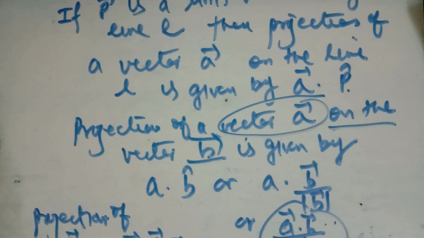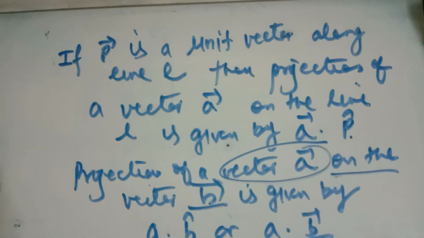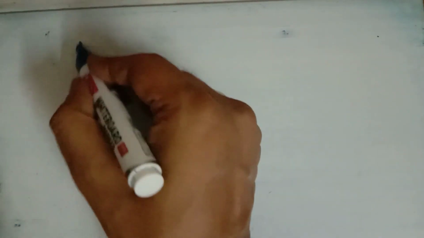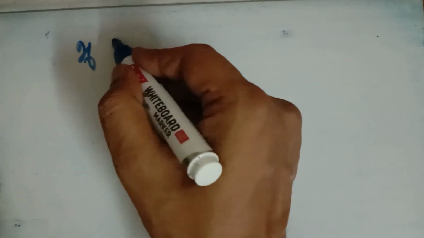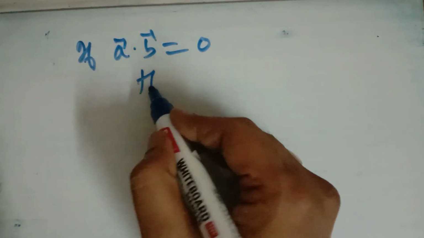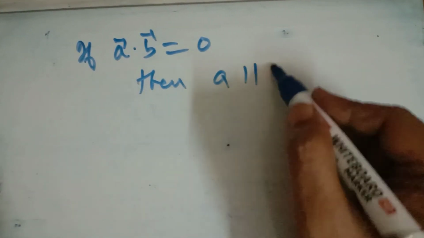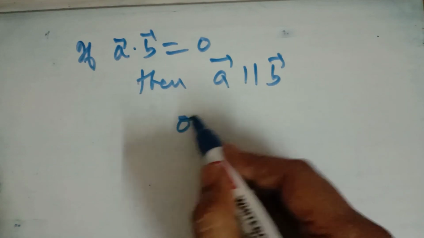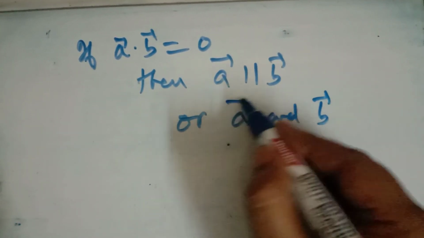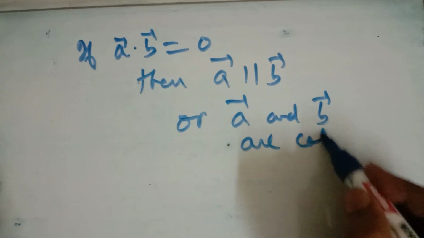Now we have already done that if A dot B is equal to 0, then the two vectors are perpendicular. Now if A vector dot B vector equals 0, then either A vector is parallel to B vector, or vector A and vector B are collinear.